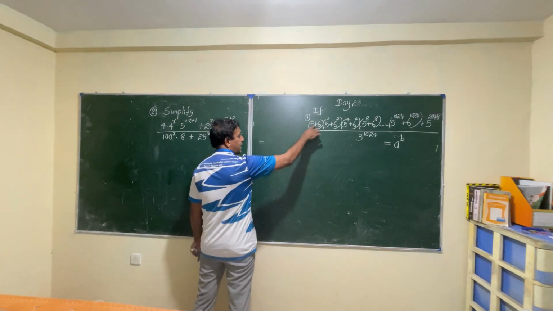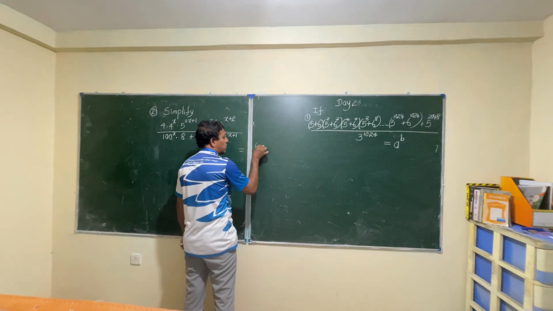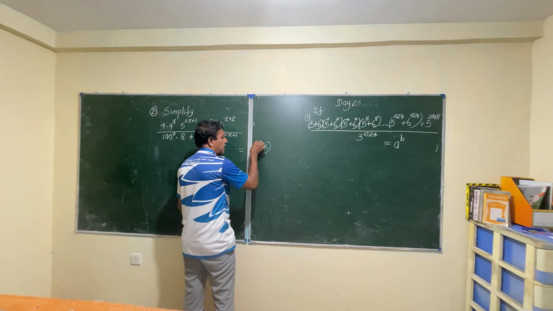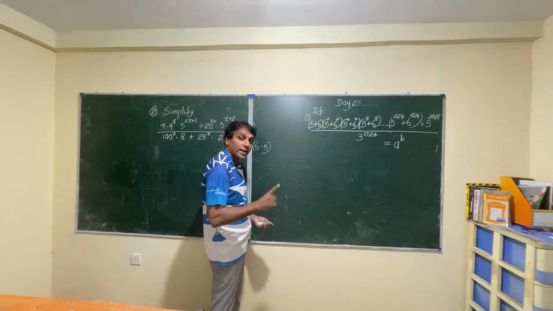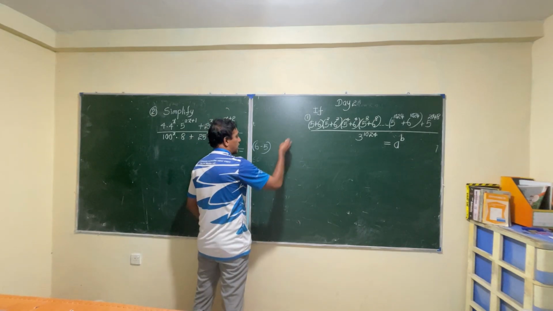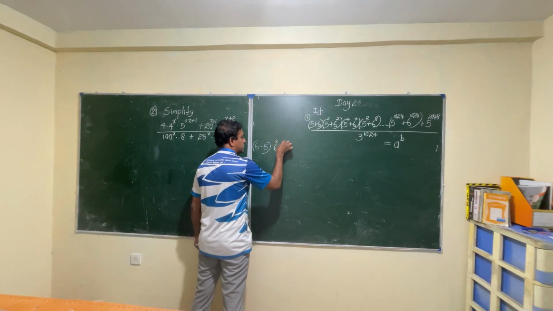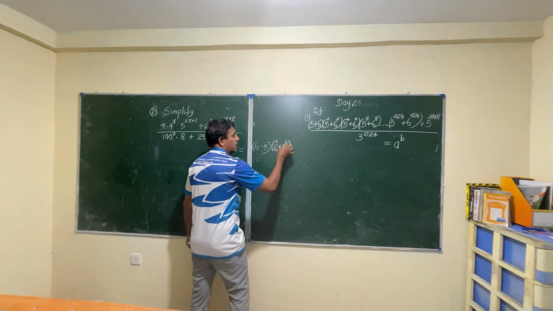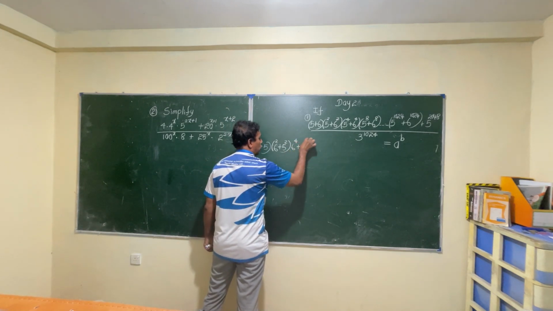Therefore, see my technique. See here, 6 minus 5, right? 6 minus 5 is 1, no matter what, 1. Therefore, that's all. Now, here after 5, I write 6 first. 6 squared plus 5 squared. Next, 6 to the power 4 plus 5 to the power 4.